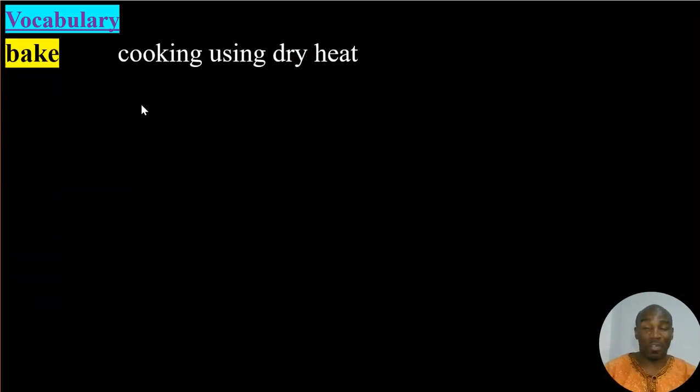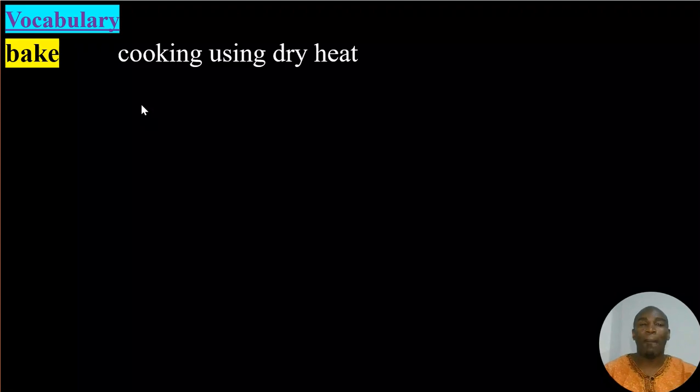In the next slide, the first word we want to look at is the word bake. What is to bake? To bake is to cook using dry heat. In most cases, we use the oven, though traditionally people used sand. Oh, yes, sand. If you heat up the sand to a certain level, you are able to bake whatever food you want to make.